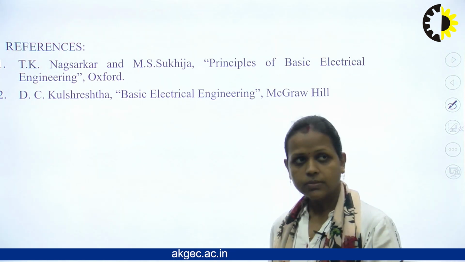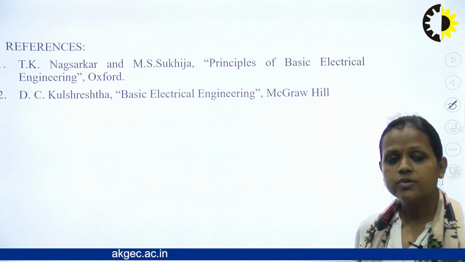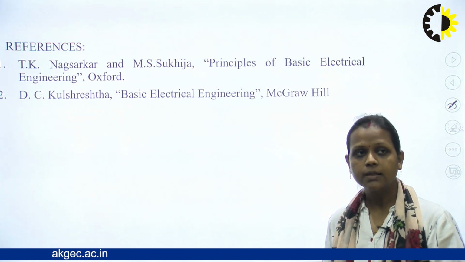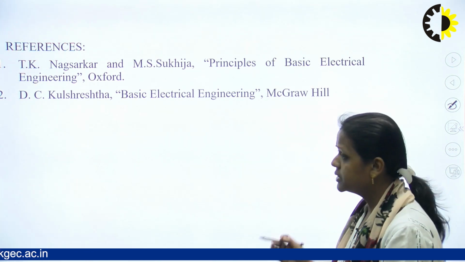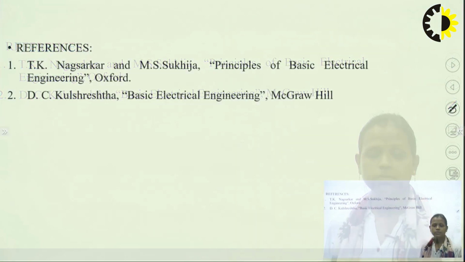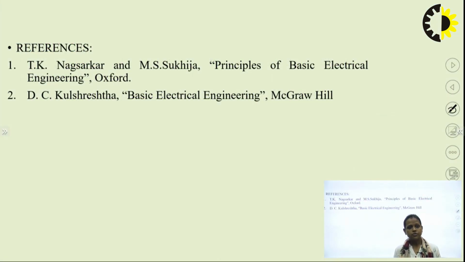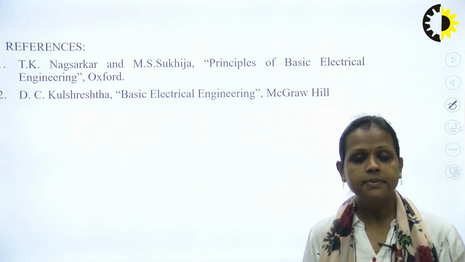So this is all about the switch gears and the earthing system, and these are the references. There are different kinds of switch gears which we have seen: the SFU unit, the MCB unit, the MCCB. We have seen the difference between the MCB and MCCB, right?